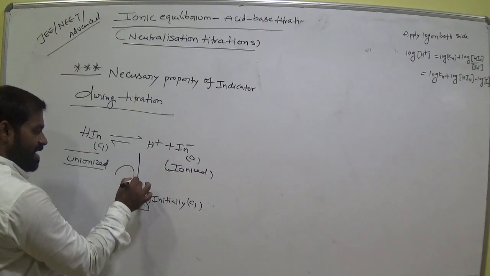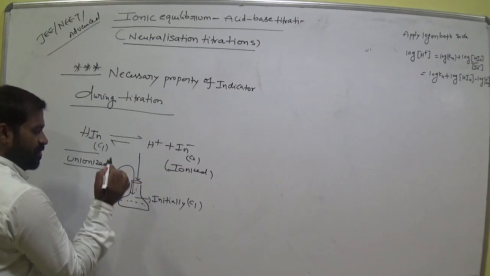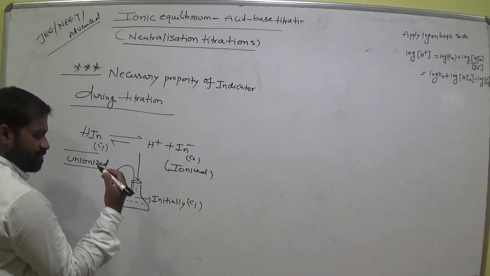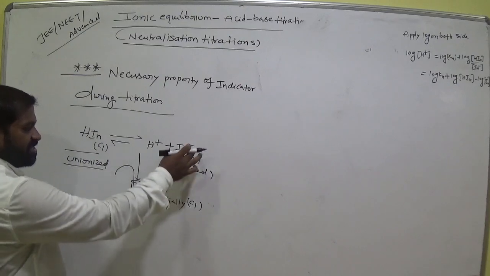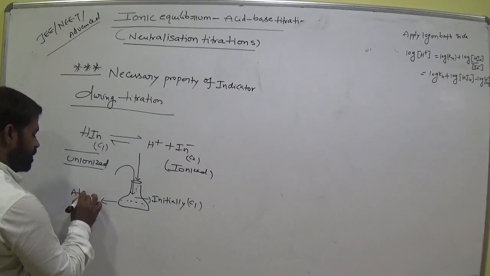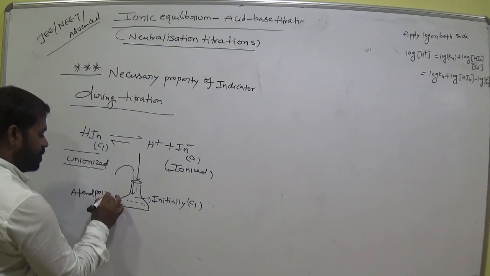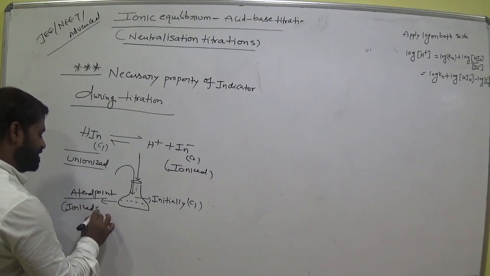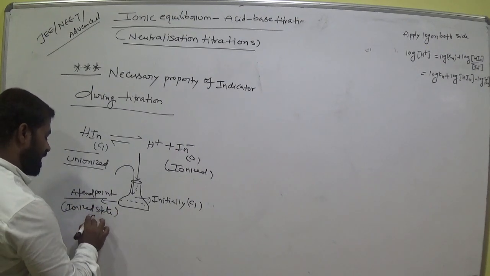So when we add dropwise from the burette, at a particular pH it changes its color. That means it goes to the ionized form, and at the end point in the ionized state its color is C2.